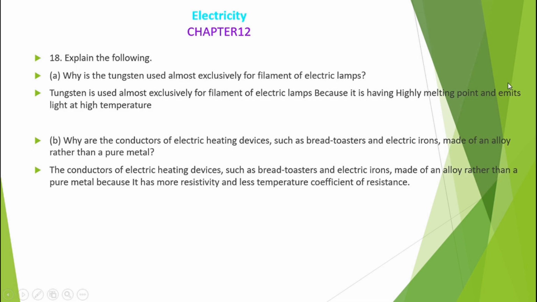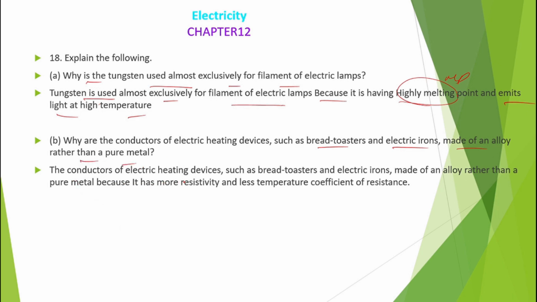So last question, explain the following. Why is tungsten used almost exclusively for filament of electric lamps? Tungsten is used almost exclusively for filament of electric lamps because it has a high melting point and emits light at high temperature. Why are the conductors of electric heating devices such as bread toasters and electric irons made of an alloy rather than a pure metal?